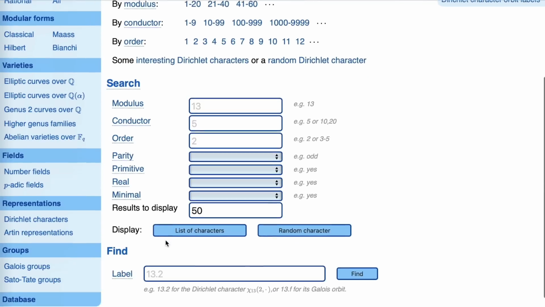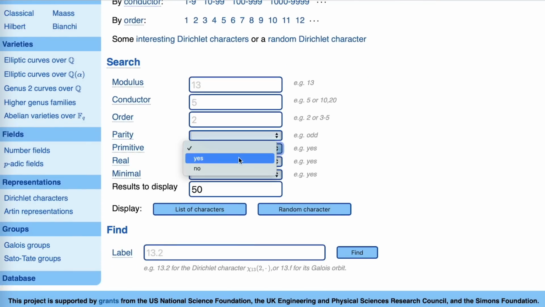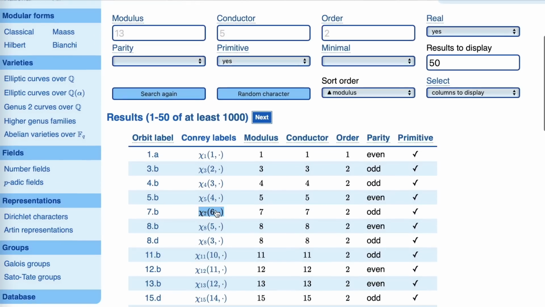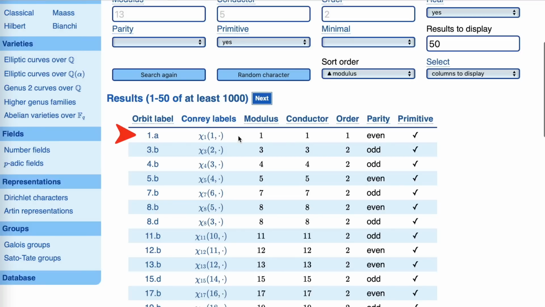Then in the search, we say primitive yes and real yes, and then list of characters gives us the family. Here, 1.a actually gives the Riemann zeta function, and 4.b gives our periodic example, the one we called A before.